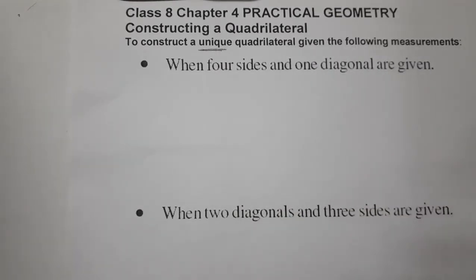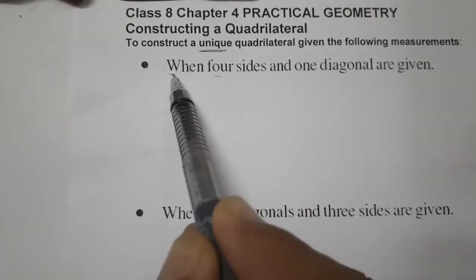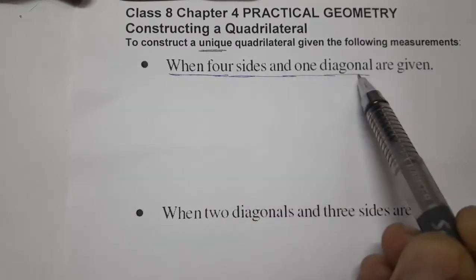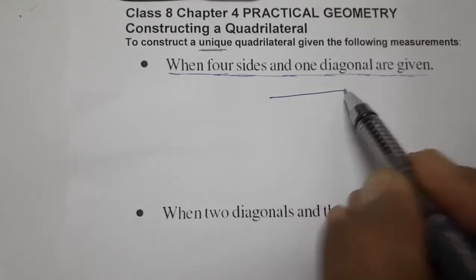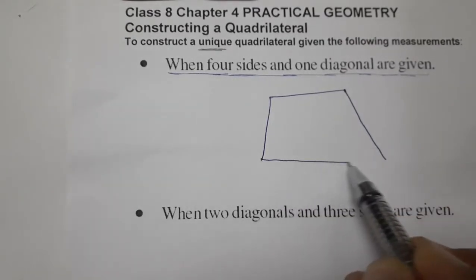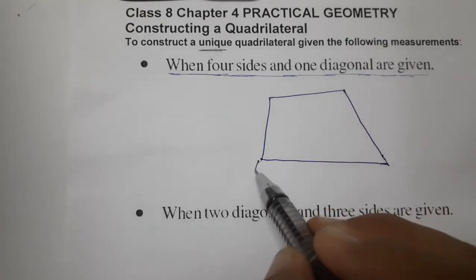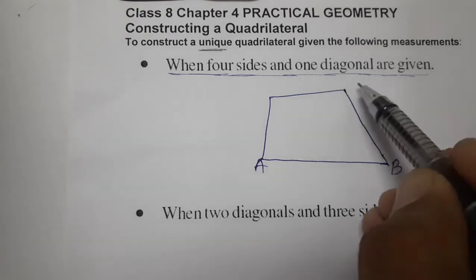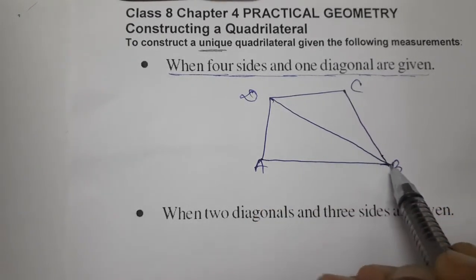The first one is when four sides and one diagonal are given to us.